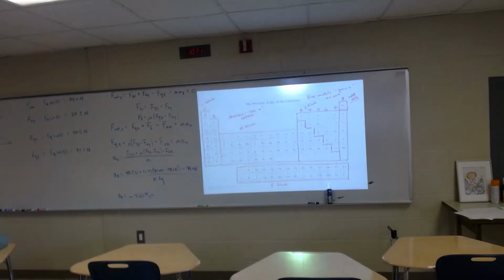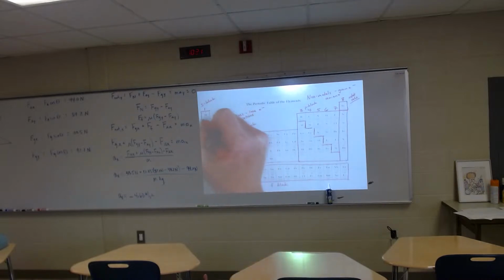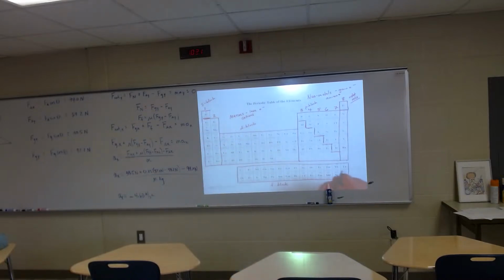When these first column metals lose their valence electron, what will their charge be? 1 plus.